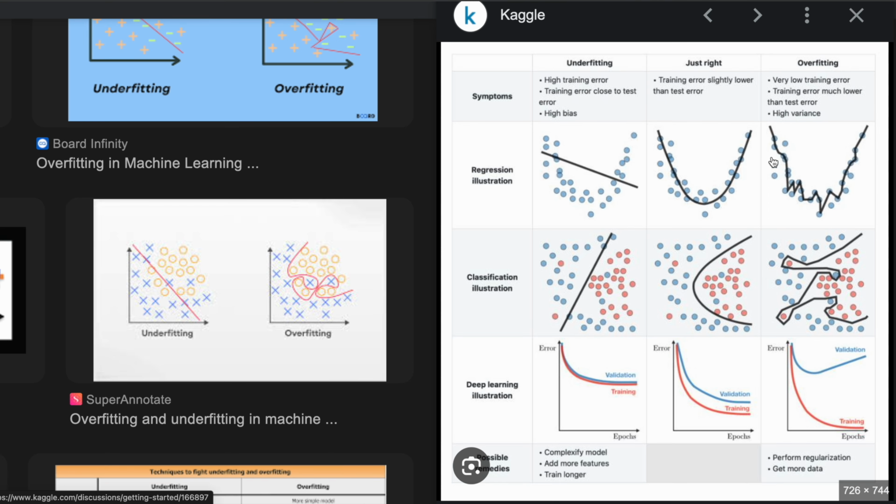It knows the data points. It is not finding the pattern. It is not finding the line which best suits other data sets, but only the same data sets. That is why the training error is less. But when you look at the validation error or testing error, it is too high.